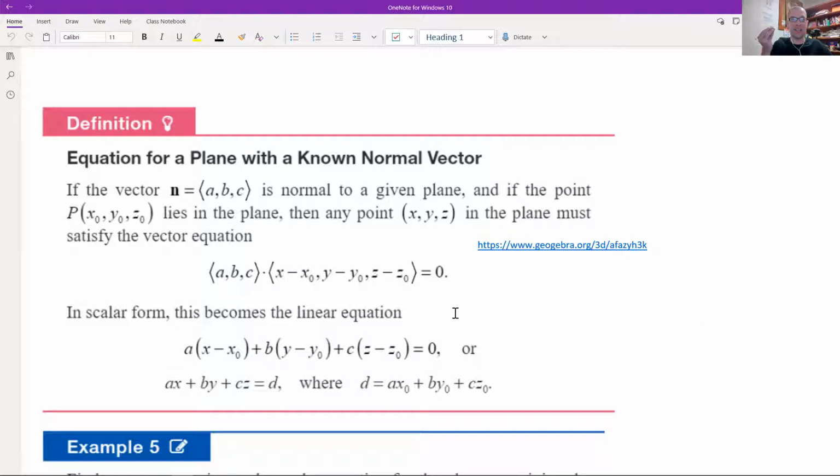And specifically, we're looking at a normal vector being perpendicular to all the points in the plane. So let me label that real quick. This is the normal vector. And these are the points in the plane over here.